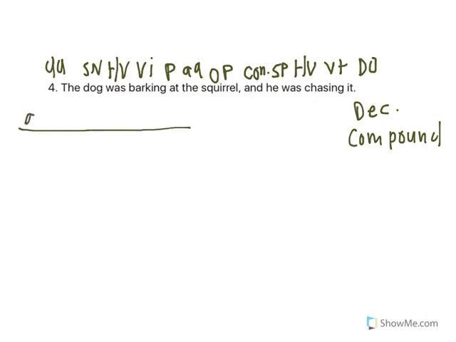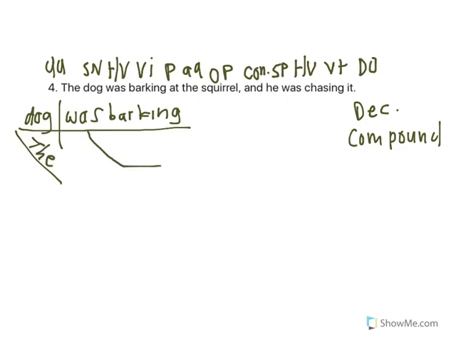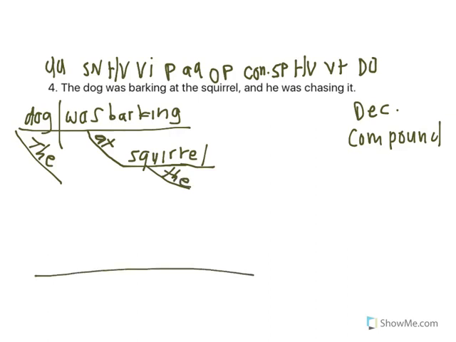So we're going to diagram. Dog was barking. The modifies dog, and here's our prepositional phrase. At is a preposition indicating location, and squirrel is the object of the preposition. The modifies squirrel, and here's our second independent clause.